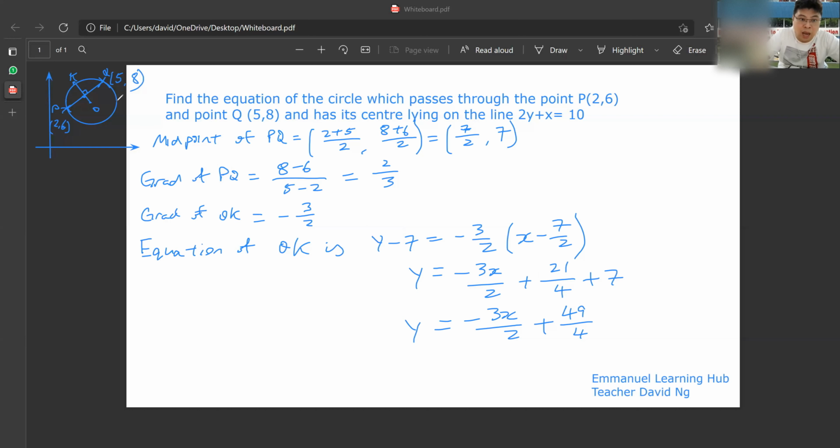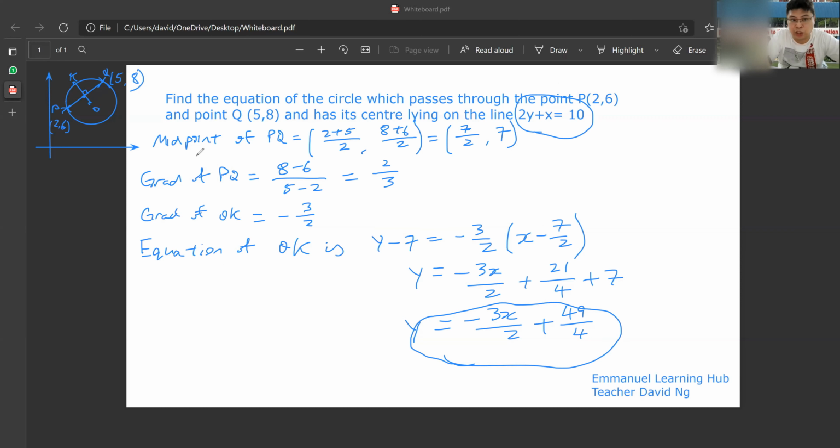Okay, so I have this equation, but they're asking for the equation of a circle, right? For the equation of the circle, I need to find the center. Right now I have the equation of OK, and they said the equation of this line passes through here. So I need to find the coordinates of the center by solving simultaneous equations.